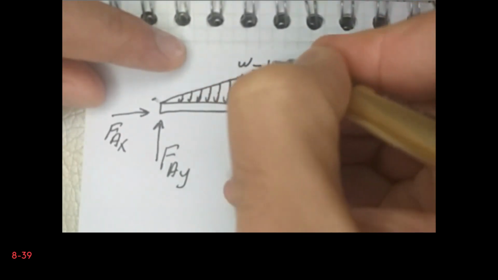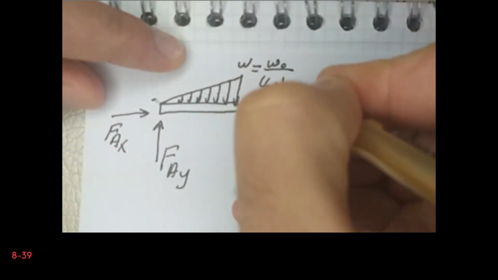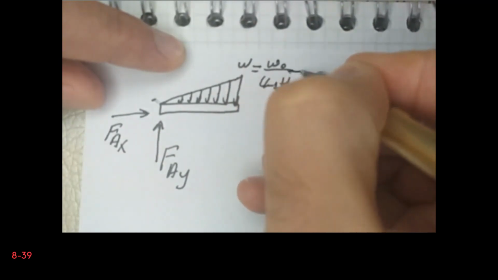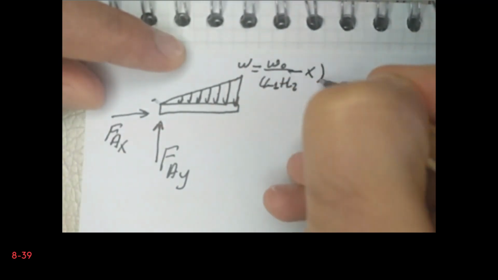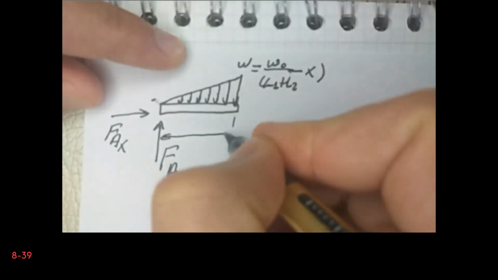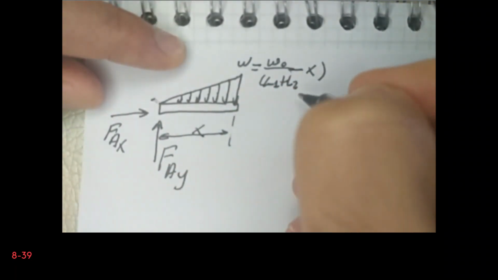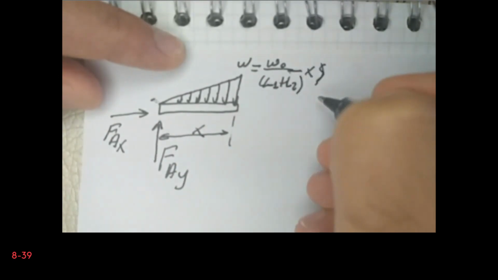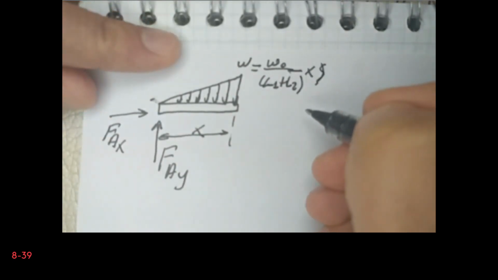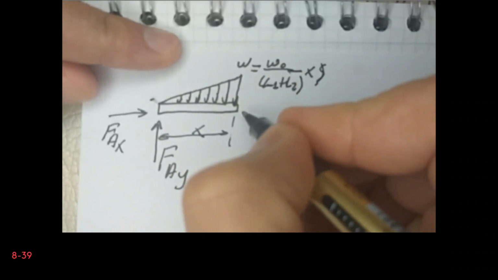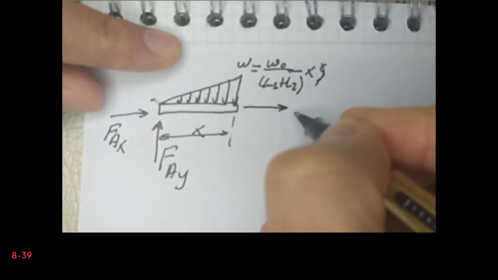So this distance is x in the meantime. Now we have the normal force N, we have the shear force V, and we have the bending moment M for this particular location.